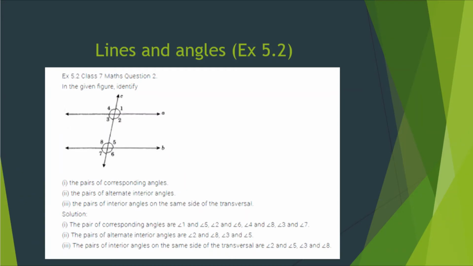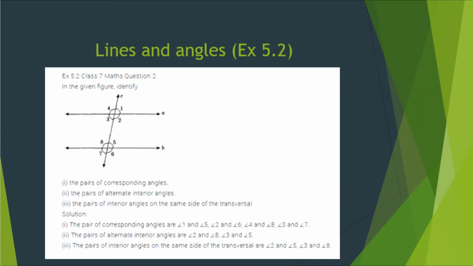Moving to question number 2, in the given figure, find the pair of corresponding angles, pair of alternate interior angles, and pair of interior angles on the same side of the transversal. Here the pairs of corresponding angles are 1 and 5, 2 and 6, then 4 and 8, then 3 and 7.